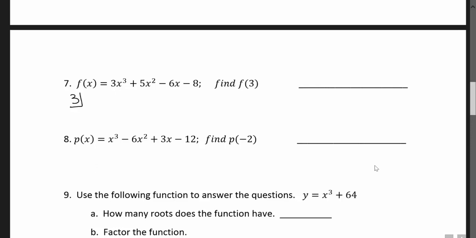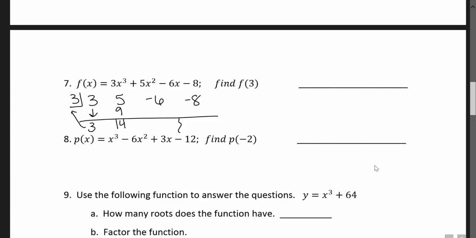I have 3, 5, negative 6, negative 8. There are no holes here. It goes 3, 2, 1, none. So I'm going to use synthetic division, and I'm going to find the remainder. When I multiply, I get 9. When I add, I get 14.